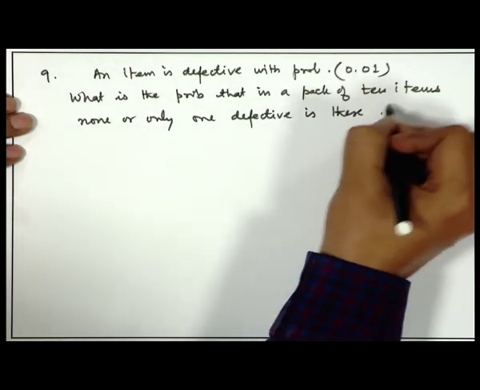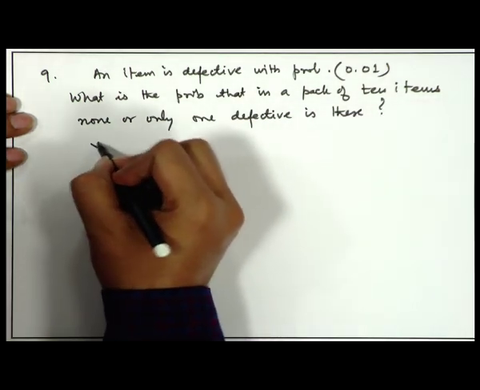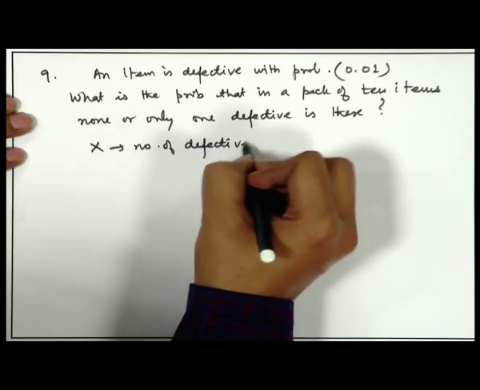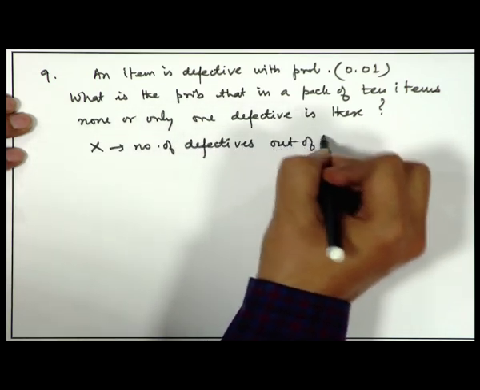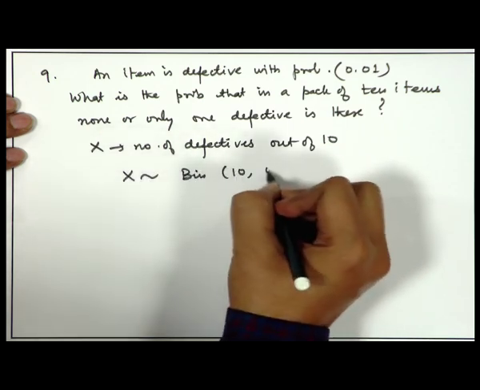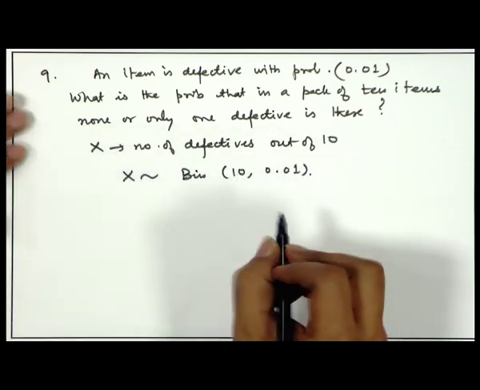So, if x is the number of defectives out of 10, then x follows binomial (10, 0.01).